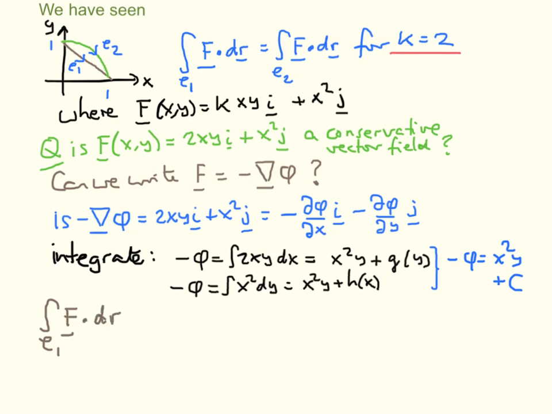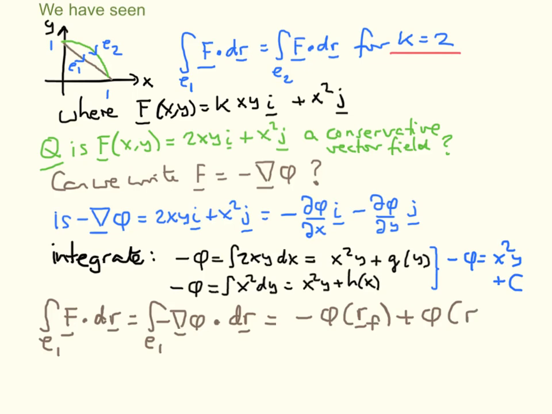And if we have this for a conservative vector field, so it's minus grad of phi dotted into dr, this is equal to minus phi evaluated at the end of the path plus phi evaluated at the beginning of the path.